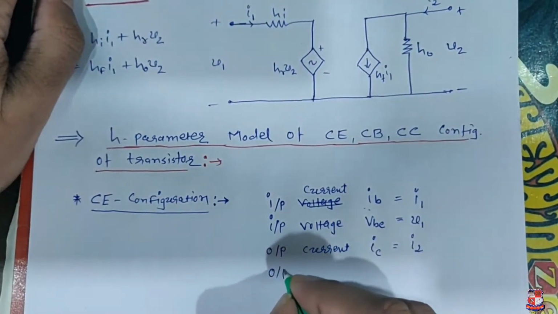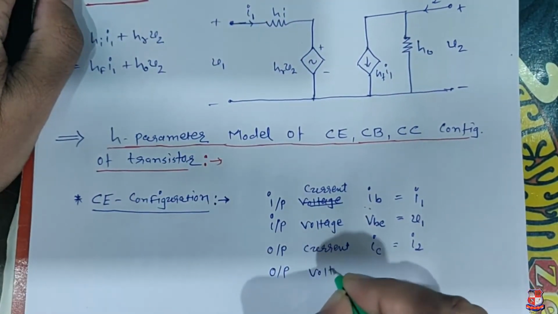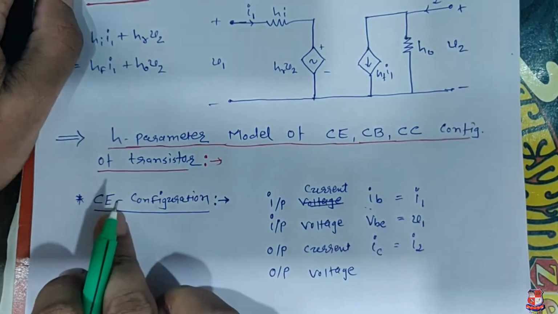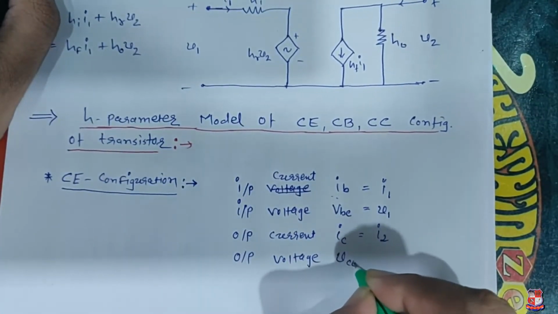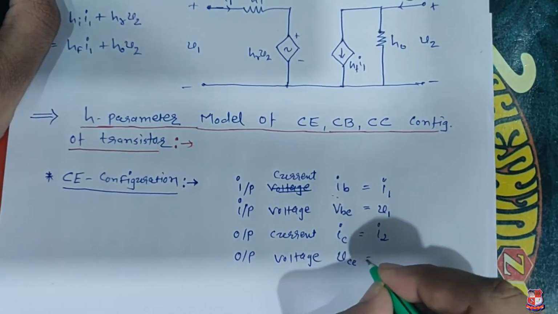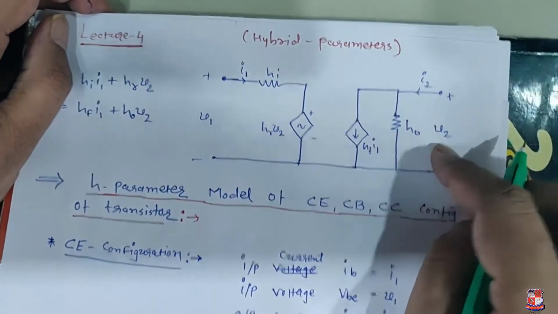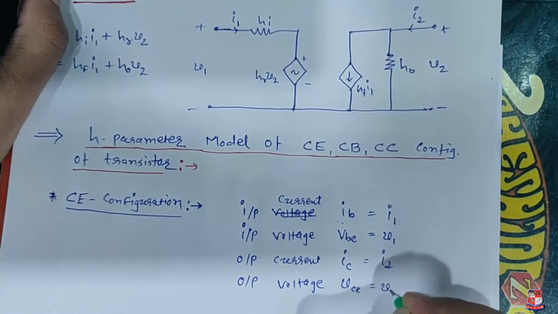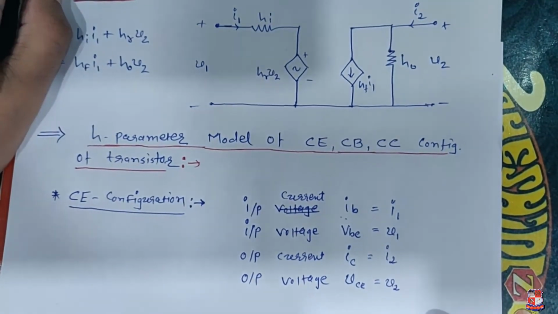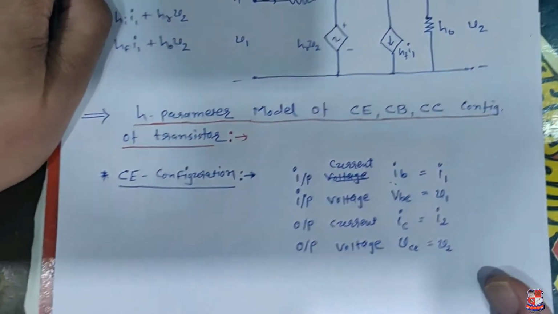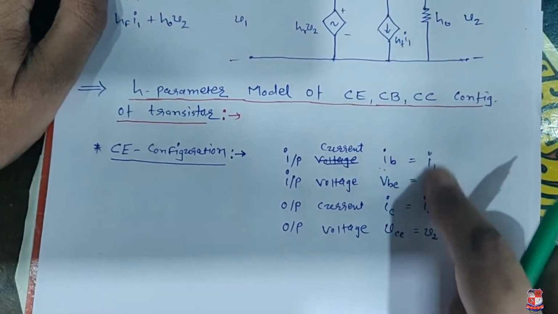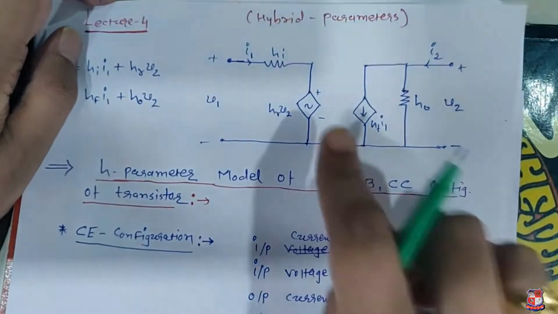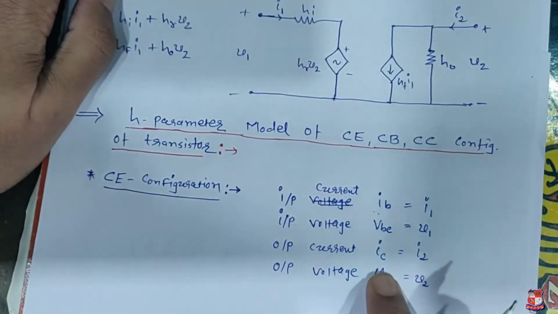And the output voltage in common emitter configuration we will write VCE. Here the output voltage is V2. So we will represent these particular parameters in the above circuit with these parameters.